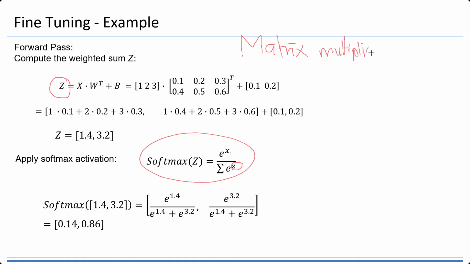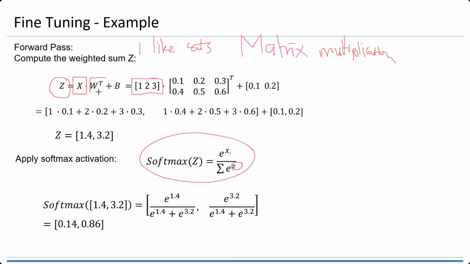In the matrix multiplication, we multiply from x. X means the embedding. This is the data that we have, which is 1, 2, 3, from the embedding of "I like cats".